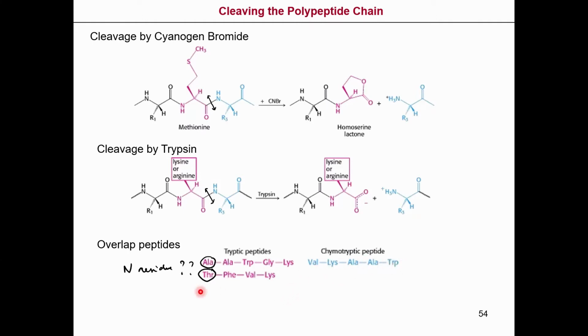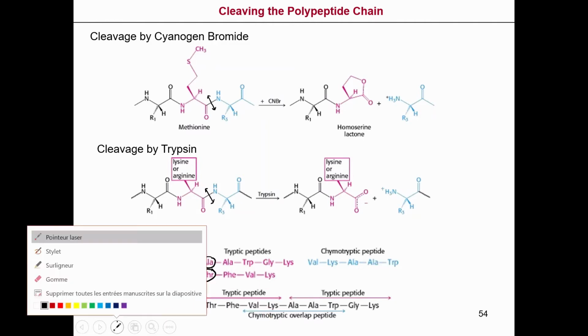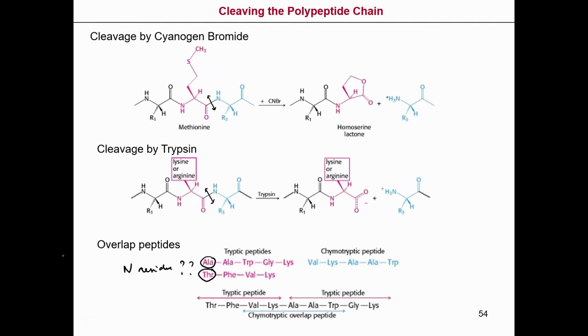So with this, we can make what we call overlap. We can overlap the sequences of the peptides, and you can see that the first peptide will be the threonine one and the last peptide will be the lysine one, because with chymotrypsin you have valine, lysine, alanine.